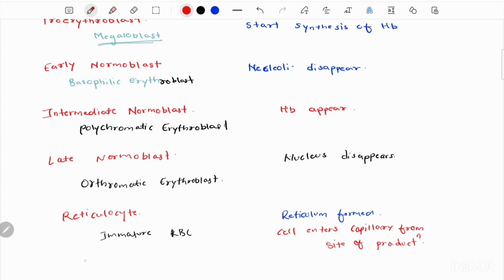The last stage is mature RBC, erythrocyte. Here the important event is that reticulum disappears and the cell attains its biconcave shape.